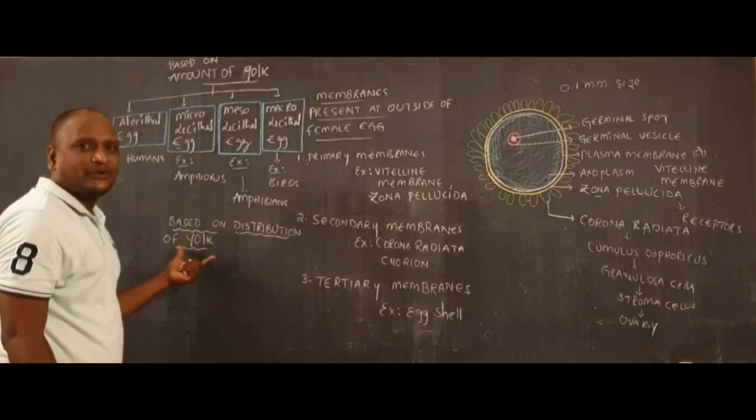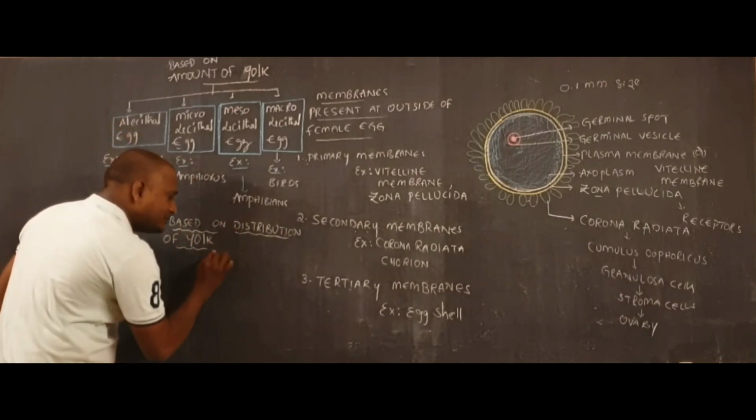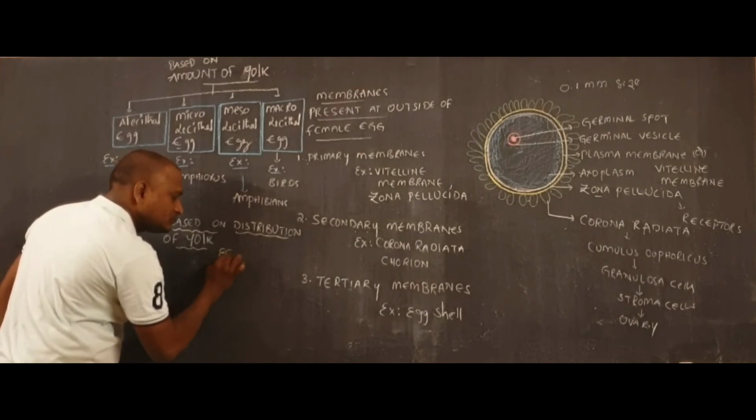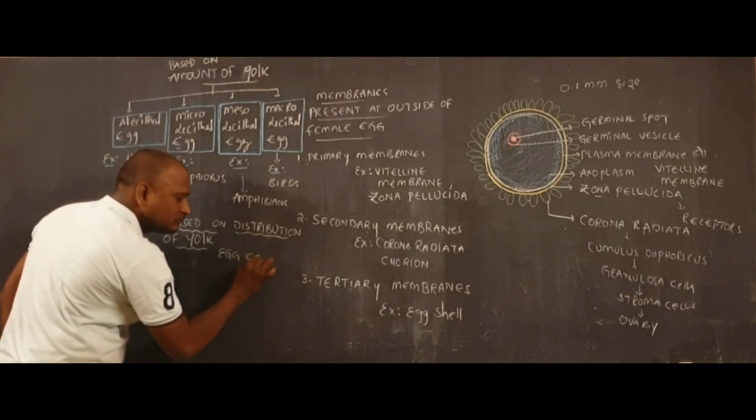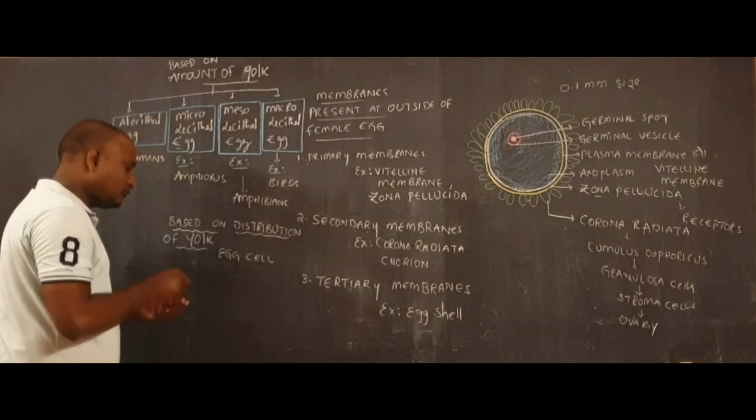Based on the distribution of yolk, egg cells are divided into 3 types.